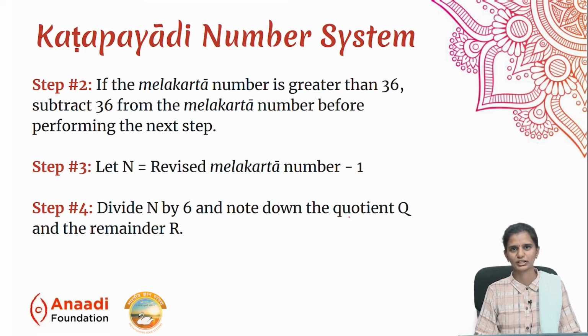Now that we know whether the raga will have Ma 1 or Ma 2, we move on to the next step. If the Melakarta number is greater than 36, subtract 36 from that Melakarta number. Step 3. Now, subtract 1 from the revised Melakarta number. Let this be n. Now, divide n by 6 and note down the quotient and the remainder.